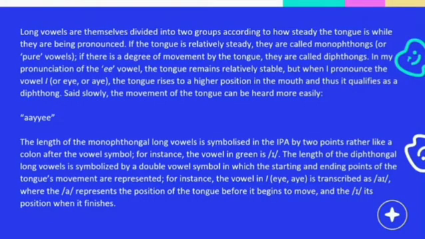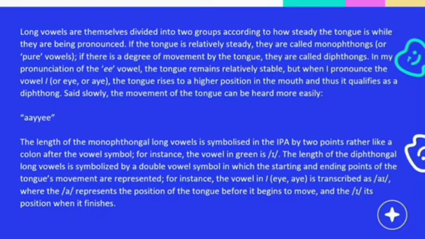Long vowels are themselves divided into two groups according to how steady the tongue is while they are being pronounced. If the tongue is relatively steady, they are called monophthongs or pure vowels. If there is a degree of movement by the tongue, they are called diphthongs.